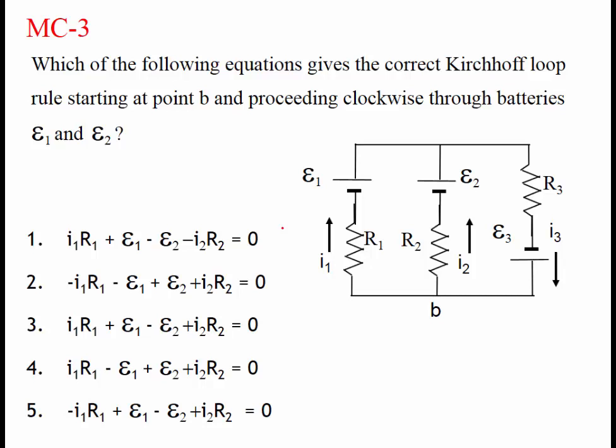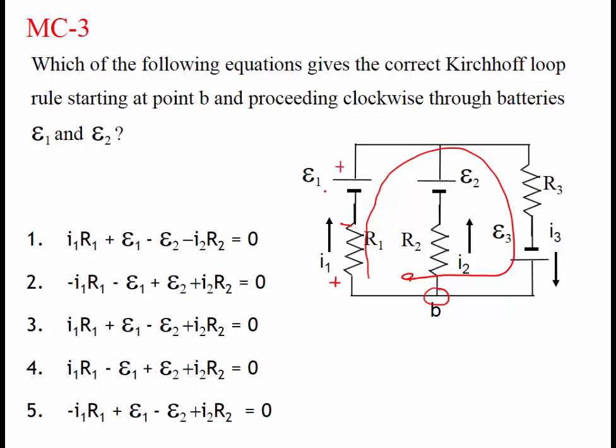Again, looking at this one, which of the following equations gives the correct Kirchhoff's rules starting at point B and proceeding clockwise through batteries E1 and E2? If we're starting at point B and going clockwise, we know how current flows, from the positive side to the negative side.